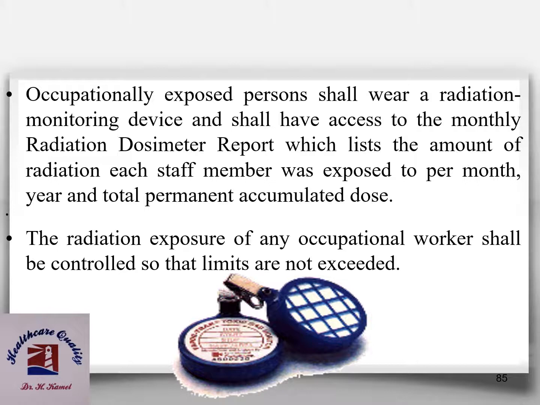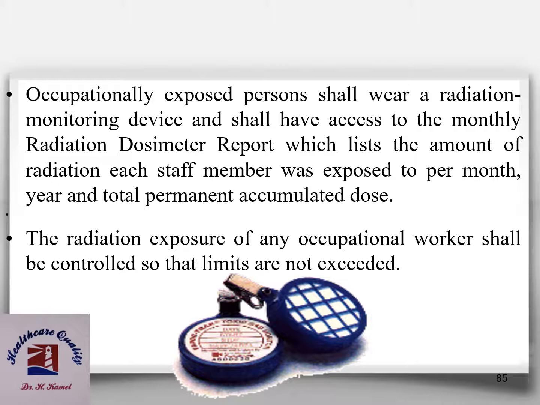Occupationally exposed persons shall wear a radiation monitoring device and shall have access to the monthly radiation dosimeter report, which lists the amount of radiation each staff member was exposed to per month, per year, and total permanent accumulated dose.